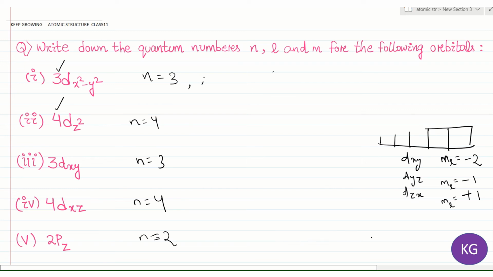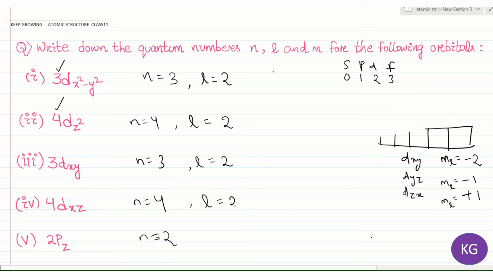Then comes the l value. Here it is d. So s, p, d, f is 0, 1, 2, 3. For d it is 2. So l is equal to 2. Here l is equal to 2.